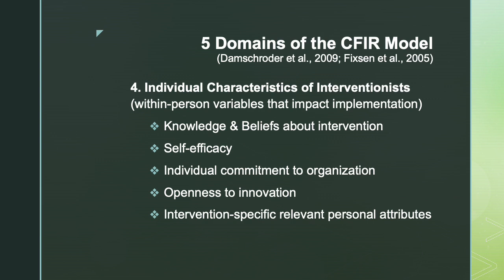And for some interventions, you'll want to know about a very specific characteristic of the interventionist. Maybe it has to do with a certain communication style or a certain ability to empathize or to set limits. You could put some of those sorts of measures in your framework for thinking about implementation science in this aspect of the model.